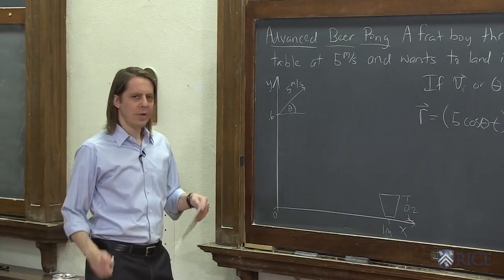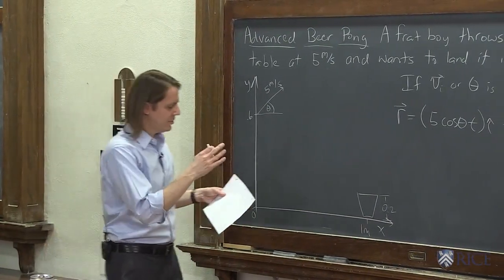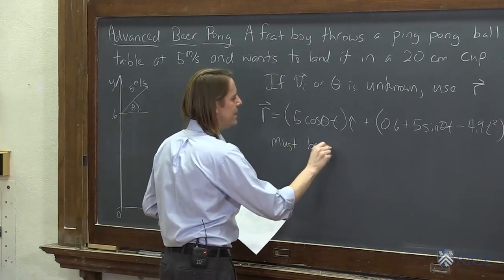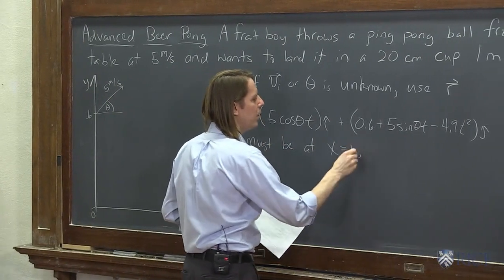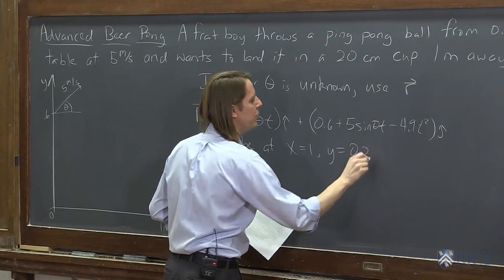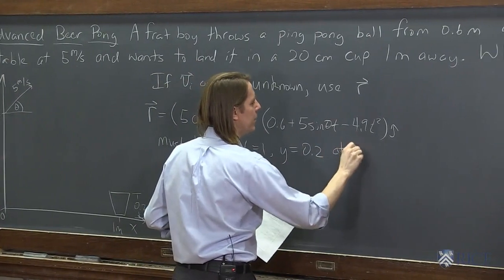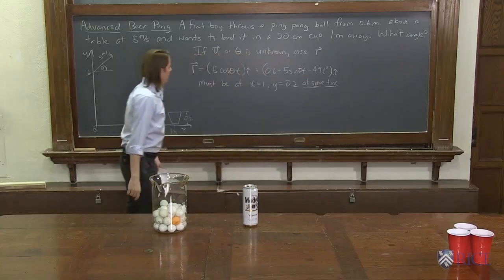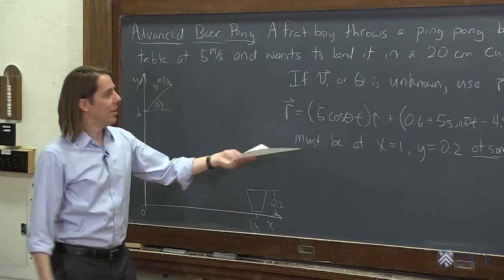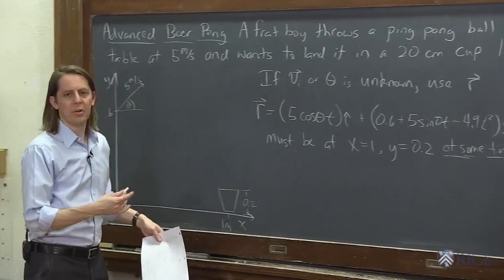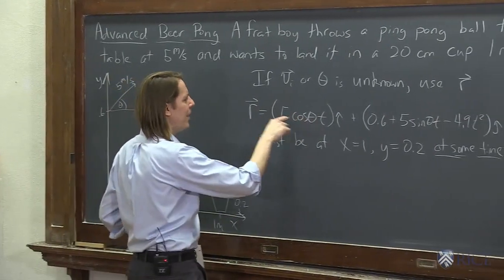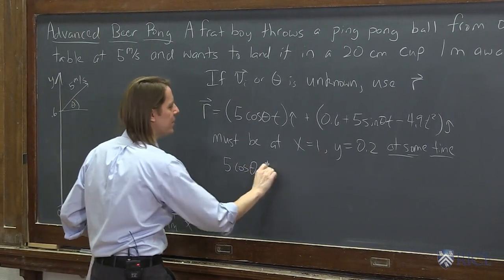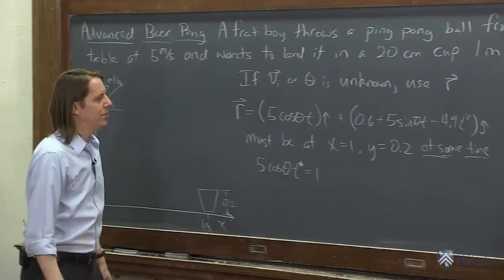All right. So now what you can do when you have something like this is you can say it must be at x equals 1, y equals 0.2 at some time. So we just have to solve these in this case, and I'll probably call it t star since it's a specific time. So for example, 5 cosine theta, a specific time t star, has to be equal to 1 meter.